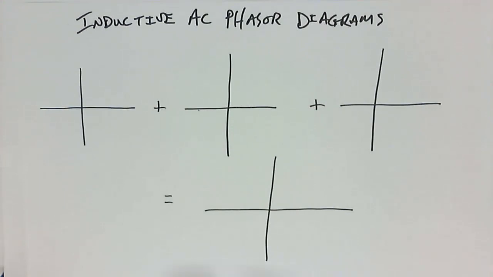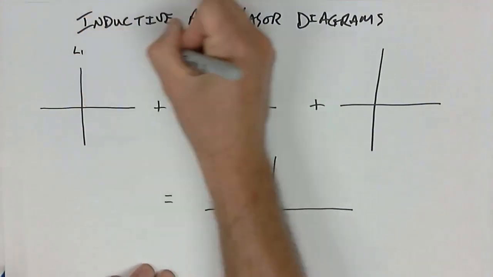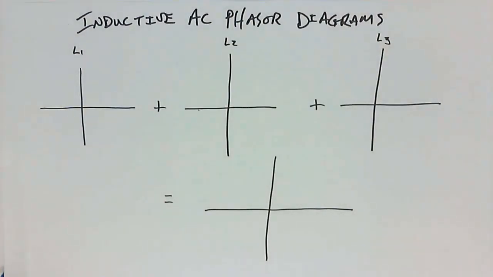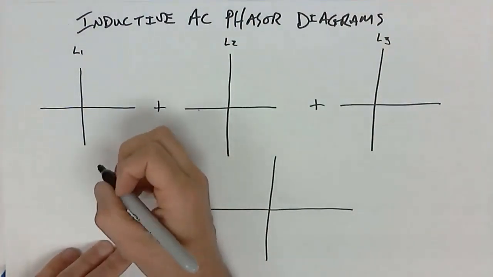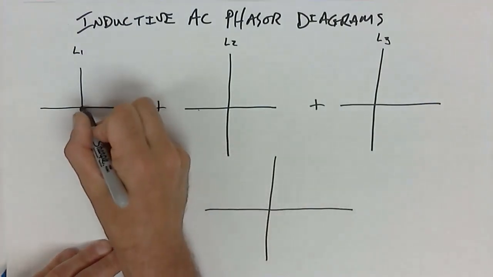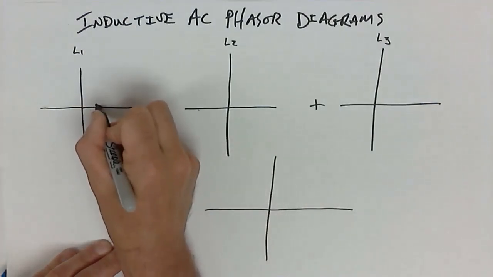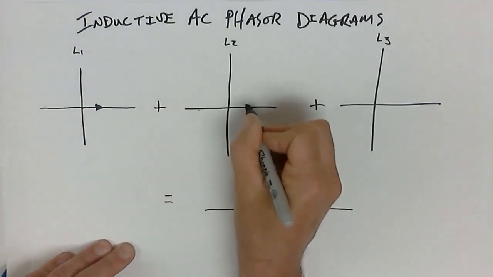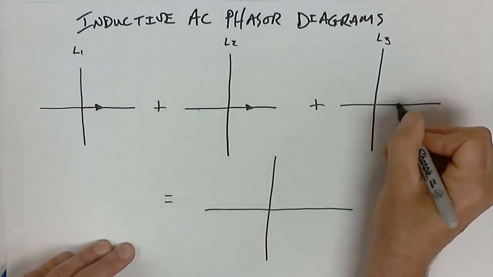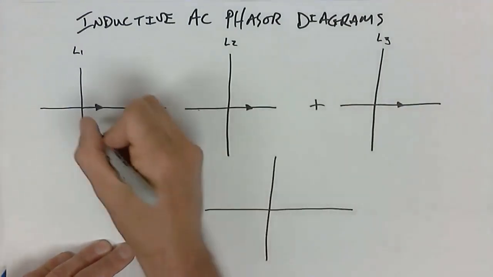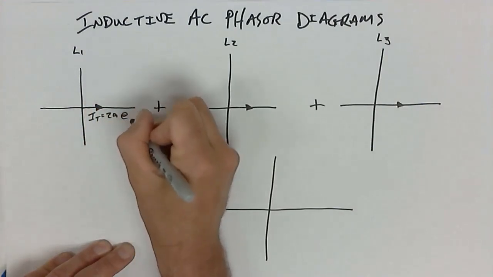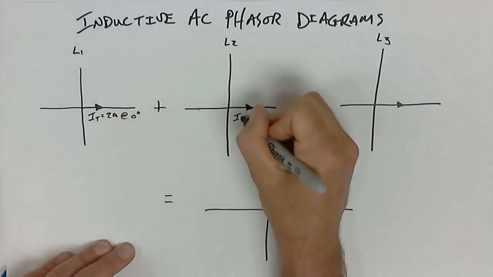So between all three of these inductors, the property that remains the same would be the current. So let's sketch in the current. I'm going to try to make these a little bit more accurate this time, as in the same length, because we know the length is representing the magnitude of the current. So this is I total, 2 amps at 0 degrees.